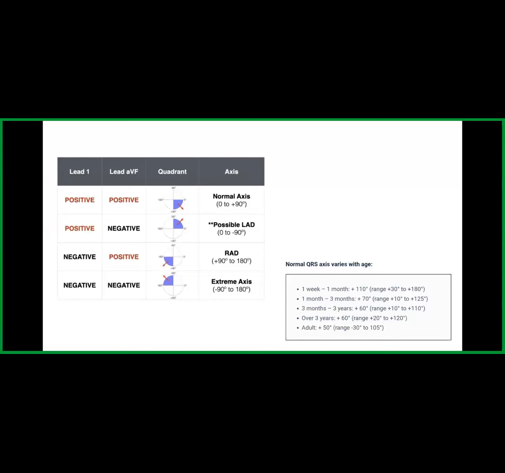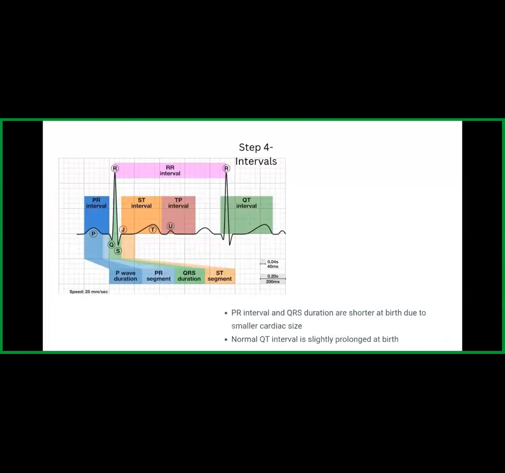When there is a negative in lead 1 and positive in AVF, then we have a right axis deviation of +90 to 180. And when both are negative, AVF and lead 1, this is what I was saying, the northwest axis, and it is usually seen in ostium primum atrial septal defect or in AV canal defects. Always remember that QRS axis in pediatrics changes with age.